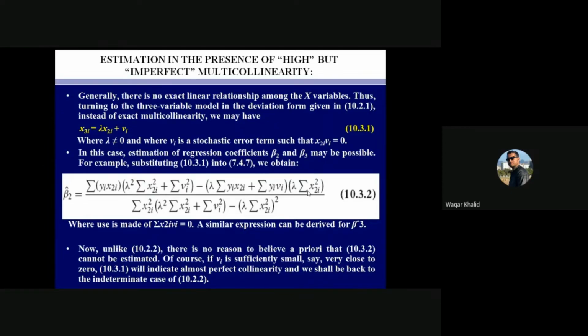But again, if the value of vi, the stochastic disturbance term, is sufficiently small, close to 0, for example 0.01 or 0.001, then this equation will converge to the previous case where you cannot find the solution for beta 2.